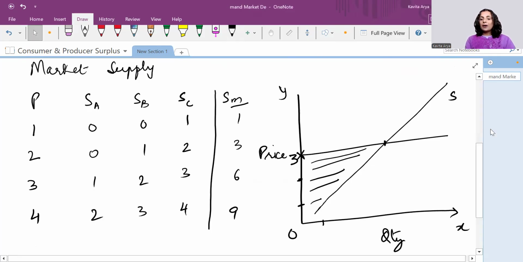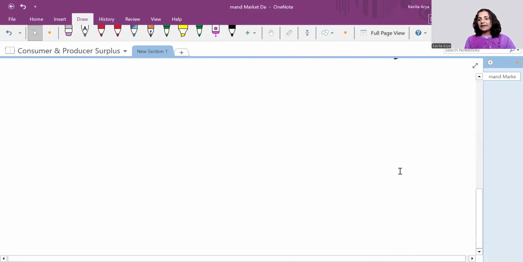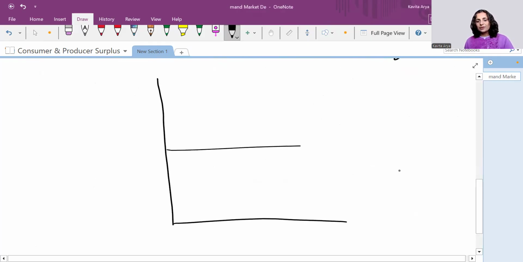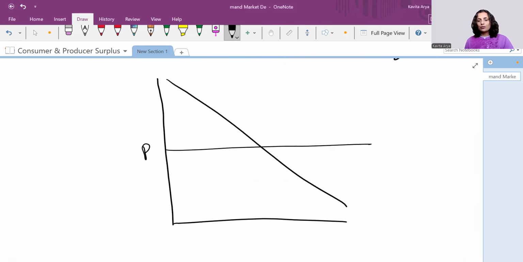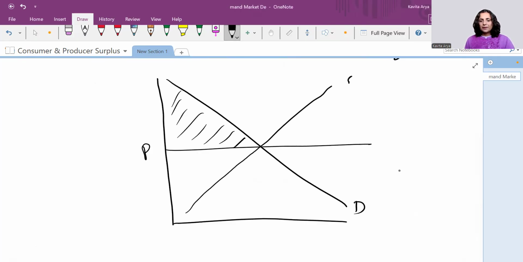And when we talk about concepts like deadweight loss and all, we try to talk about the efficiency of the market by taking these two concepts together. Say if this is the price, we show the consumer surplus by this shaded area under the demand curve and the producer surplus by this vertically shaded area above the supply curve.